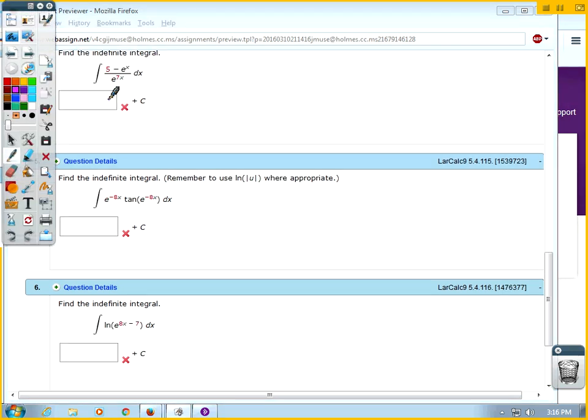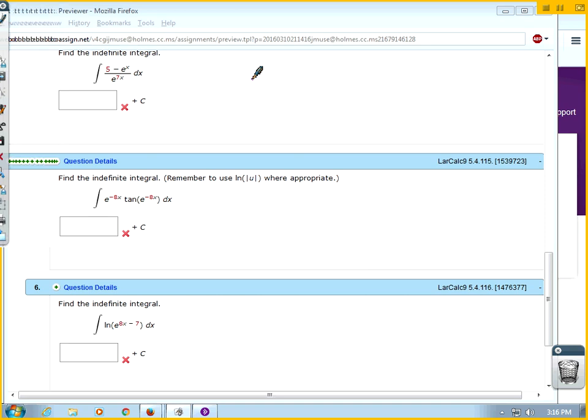All right, number 4. We have the integral of 5 minus e to the x all over e to the 7x dx. Anytime you have more than one term in the numerator and just a monomial in the denominator, most of the time you're going to be dividing each term in the numerator by that denominator.